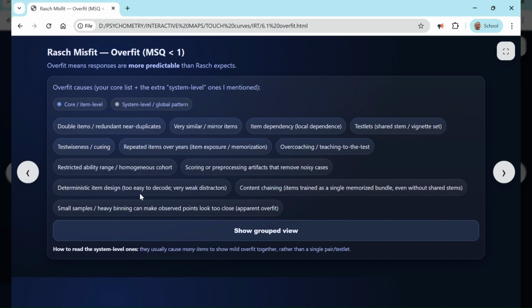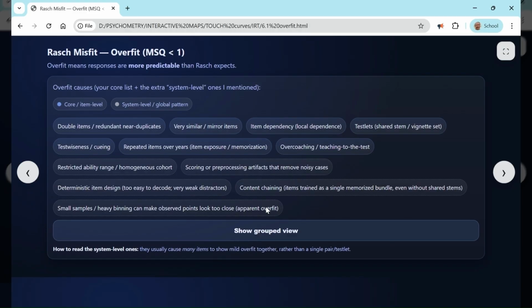Also, if there are some questions that are too easy, too-easy questions also become very predictable with very weak distractors, so it's easy to predict the answer. Yes. And there are other things like content chaining and small samples.